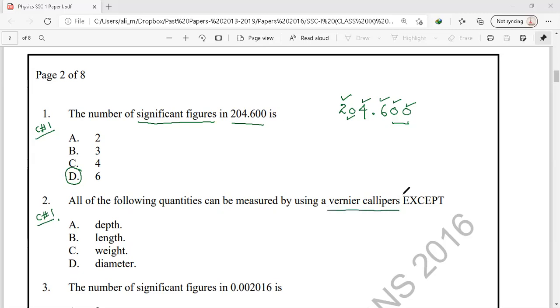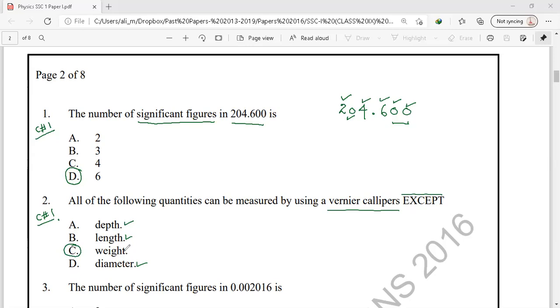We have four physical quantities in the options A, B, C, and D, and we have to identify which measurement cannot be measured by using vernier caliper. So, vernier caliper can be used to measure the depth, it can be used to measure the length, and vernier calipers can be used to measure the diameter of an object. So, option C we have that cannot be measured by using vernier caliper.